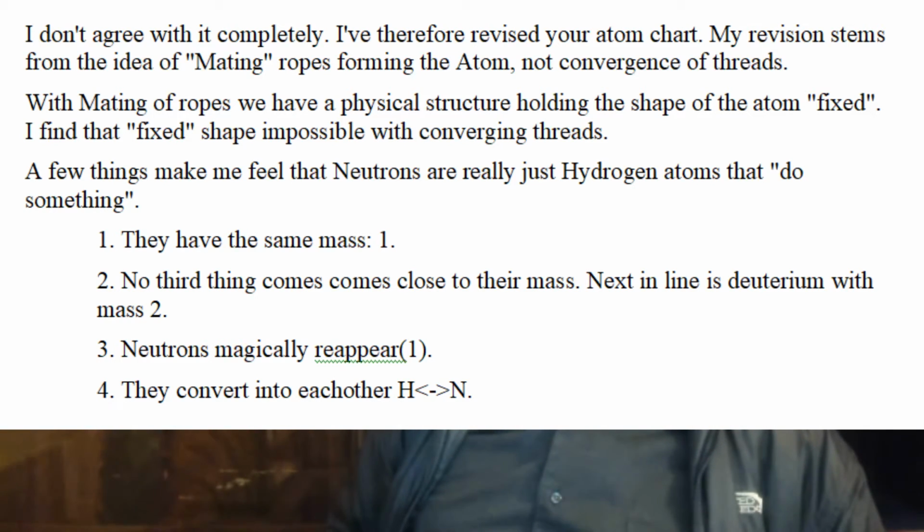Instead, he says the atom is a convergence of ropes. I think that's what he's saying. I cannot imagine that because then we have to distinguish that from the neutron, and I'm not sure exactly how he does that yet. Okay?